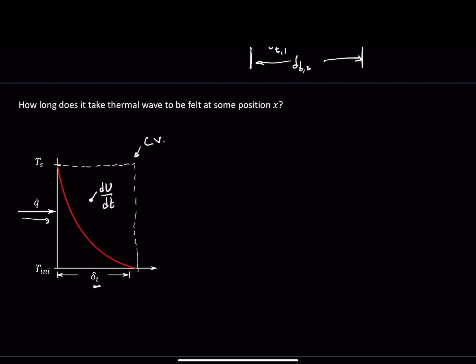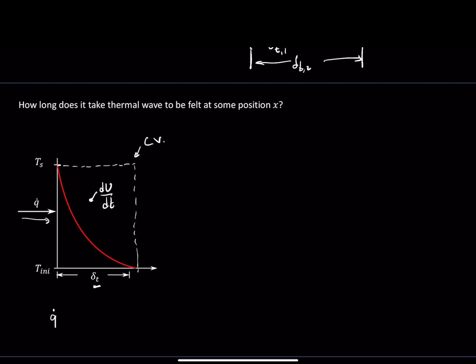So the energy balance here is what's coming in. Well, we have q dot coming in. What do we have leaving? Well, if you look, there's actually nothing leaving right down here. The temperature gradient is going to be 0. So there's nothing leaving this domain. By definition, the way I drew the domain was to include everything that's been affected.